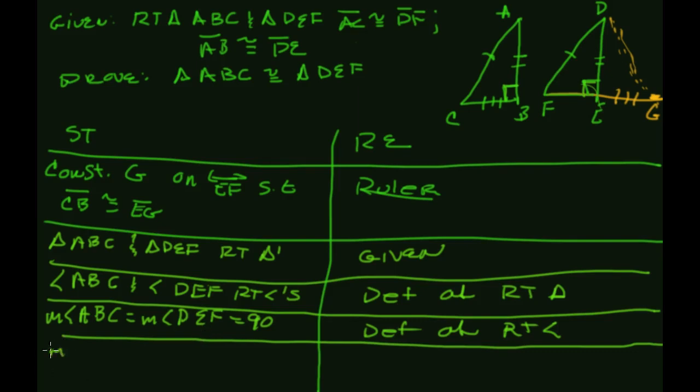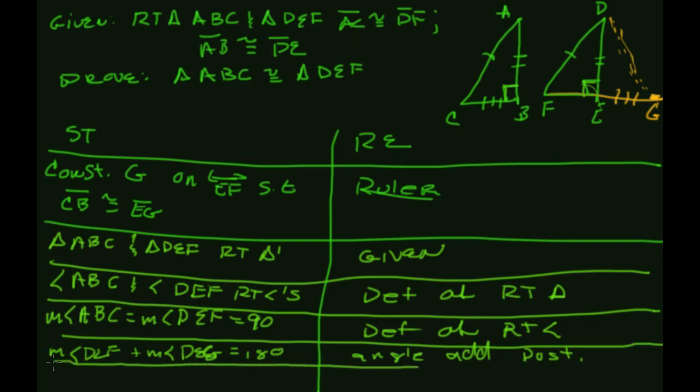So the measure of angle DEF plus the measure of angle DEG has to equal 180. That's by the angle addition postulate. Then a little bit of substitution: since DEF is 90, 90 plus the measure of angle DEG should equal 180, because DEF is equal to 90, so that's substitution.